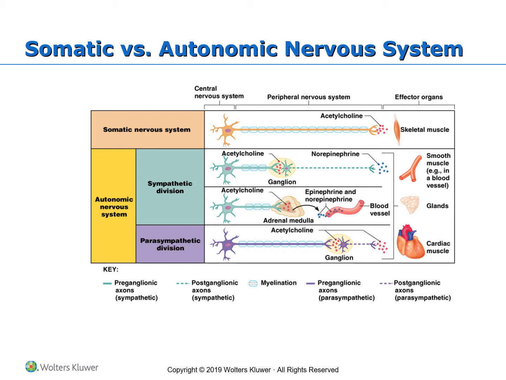Most of the visceral organs will receive both sympathetic and parasympathetic fibers. They are kind of counterbalancing each other, with the sympathetic system working as an accelerator and the parasympathetic as a cool-off type of system.